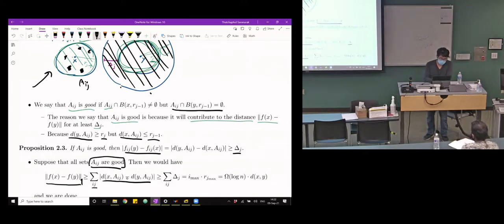And because the Aij are good, each of these coordinates contributes delta j. And for each fixed i, if you sum over all delta j, they telescope to just Rj max, and this is i max.